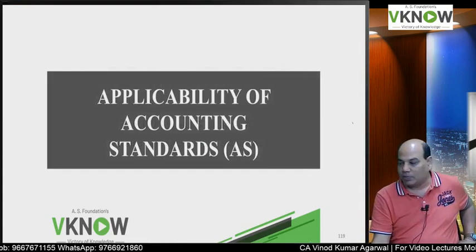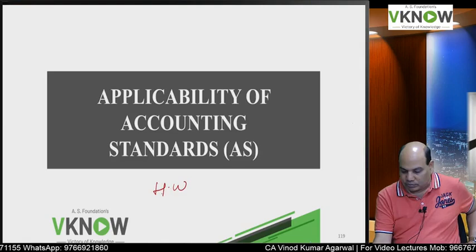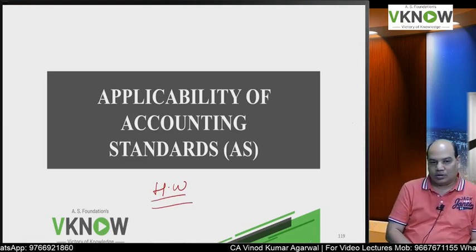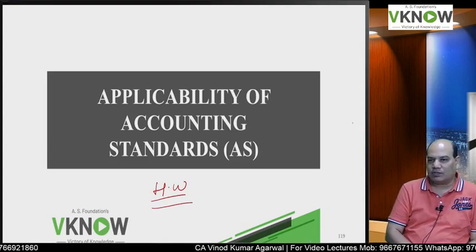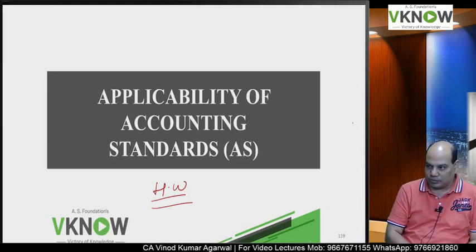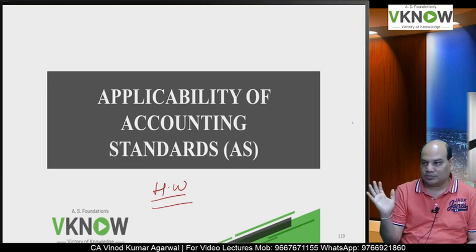Next paragraph is applicability chart of accounting standard, homework. You will find there is a long list. The companies which follow accounting standards are divided into 4 levels. Level 1, level 2, level 3, level 4. Some accounting standards are applicable to all of them.